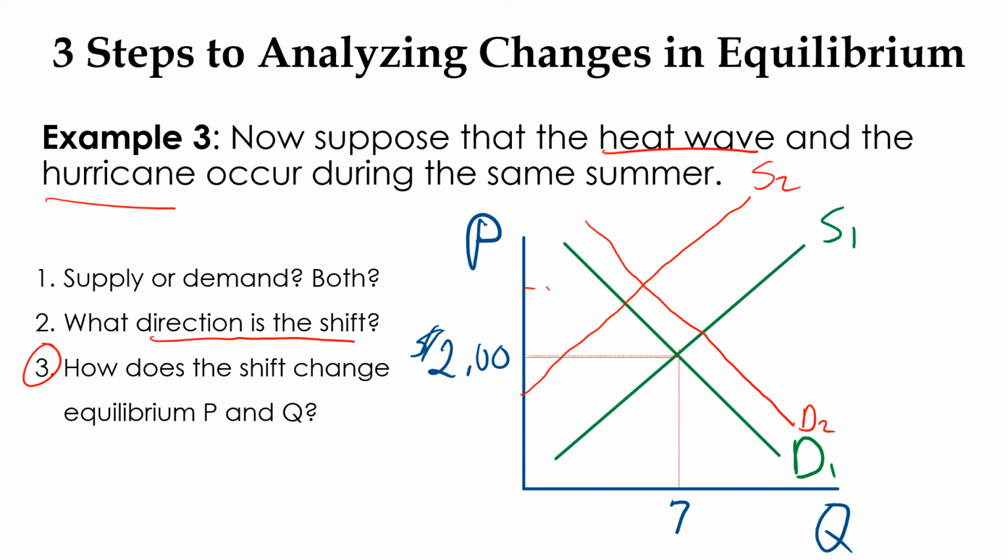What's the impact? You can see how easy this is to draw, but we can see that there's going to be a slight difference here, right? The quantity of ice cream in the market is going to decrease in that case, right? It's just become too expensive to produce ice cream given the increase in the price of sugar. And the quantity of ice cream is going to decrease in the market.